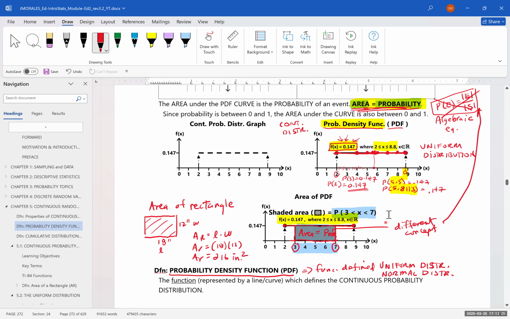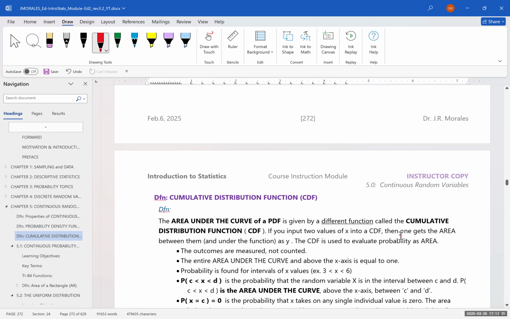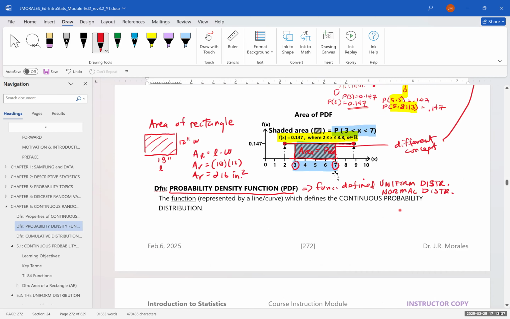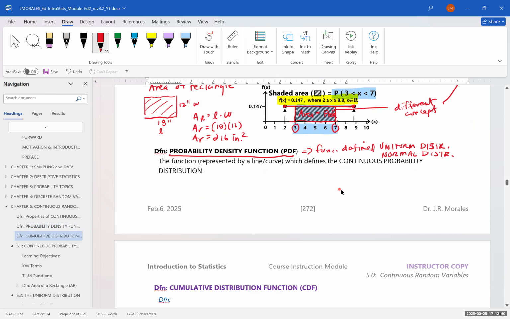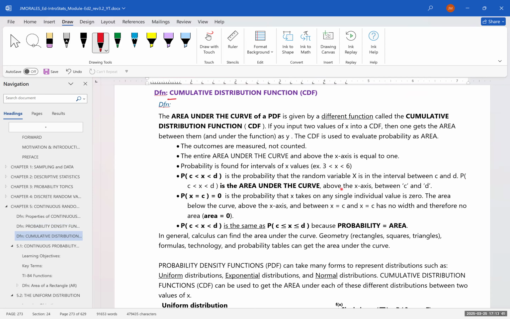All right, so let me go ahead and stop because this is kind of like one self-contained topic. No, I could keep going. Okay, so on this topic of area, a cumulative distribution function is a function which defines the area under the curve of a probability density function.